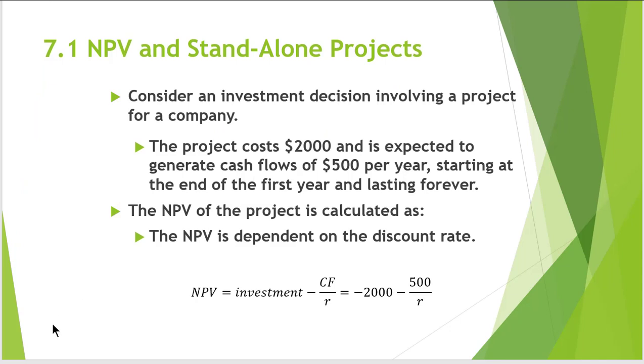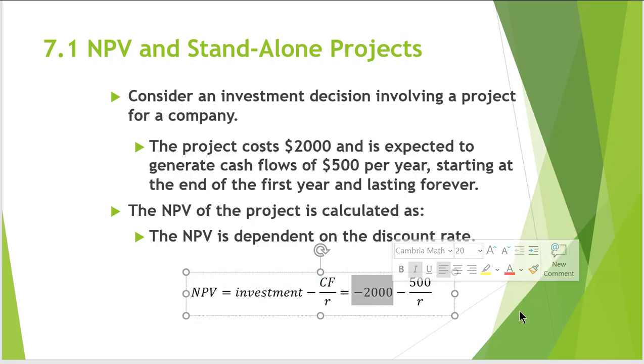So here we have an investment, and essentially it's a $2,000 project. It's going to give us $500 per year for the foreseeable future. And in this case, really all we want to get from this particular slide is the importance of the variables, right? So we need to know what a project costs. That's obvious. We should know what that is, right?